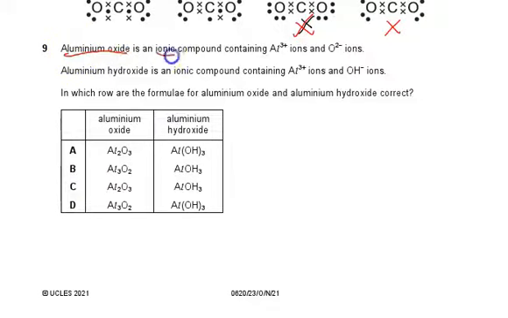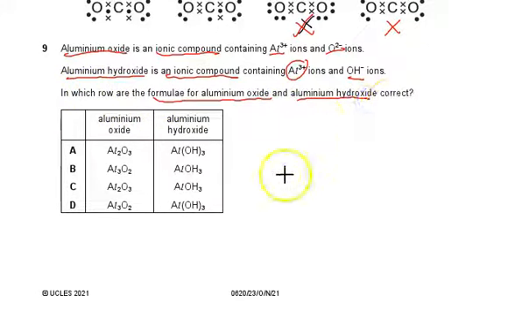Aluminium oxide is an ionic compound containing aluminium ion and also oxide ion. Aluminium hydroxide is an ionic compound containing aluminium 3+ and also hydroxide ion. In which row are the formulae of aluminium oxide and aluminium hydroxide correct?